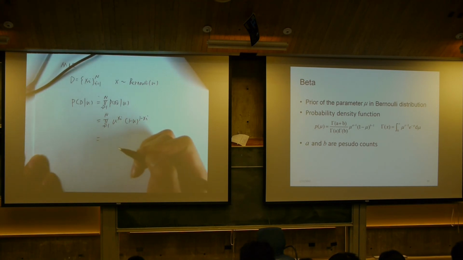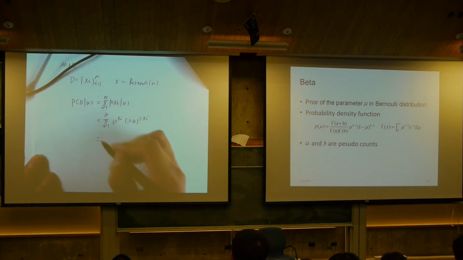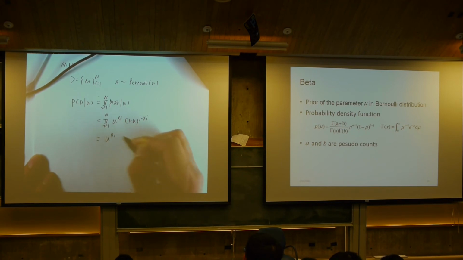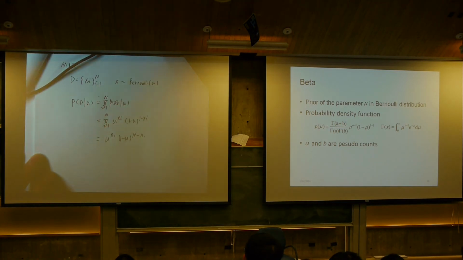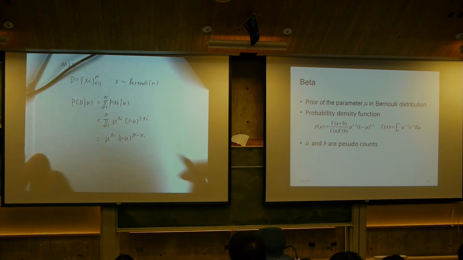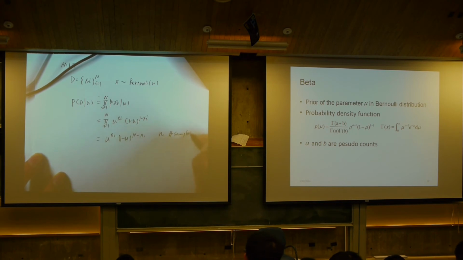And here, there is a trick. Let me first write it down and explain later. Mu n1. We introduce a variable here, n1. Its meaning is the number of samples whose xi equals to 1.